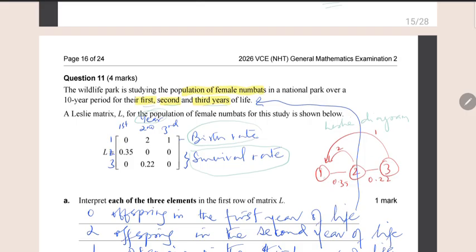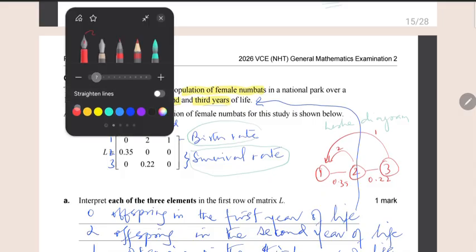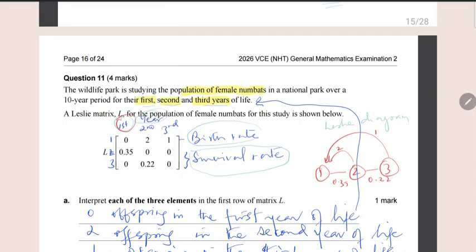You'll write 1, 2, 3 years, which are the time spans, or in other words, age groups, and the survival rates are written because from the first to the second year, the survival rate is 35%.